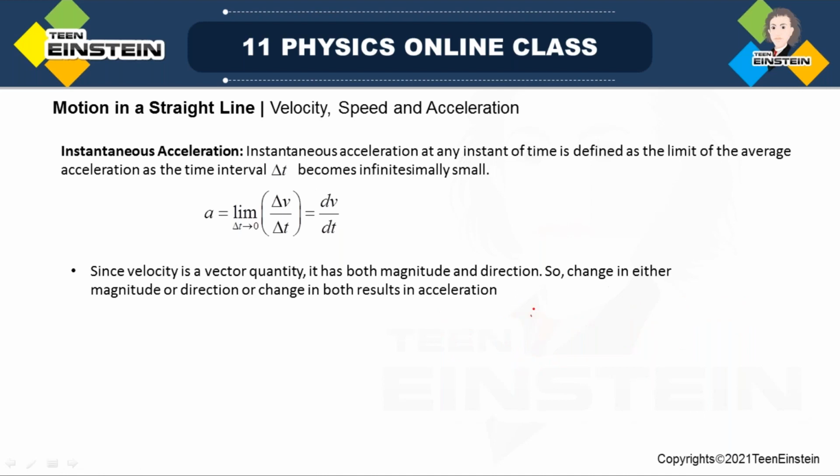But what if the velocity is constant but the direction changes? A simple example is circular motion. Suppose an object is moving in a circular path of some radius r.